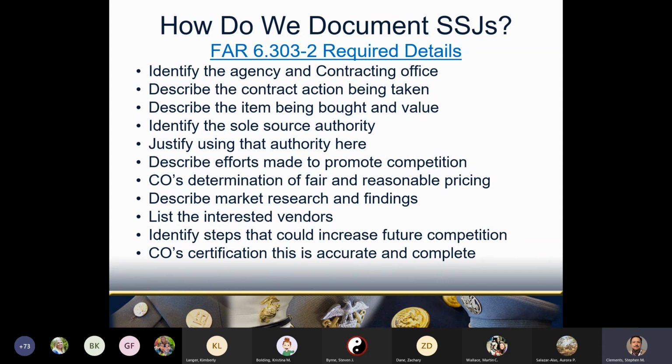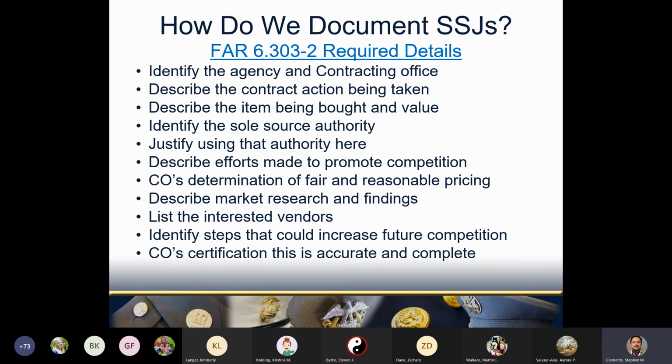Well, while you're not the CO, you can go ahead and pre-populate that on the form, explaining how you expect your CO is going to be able to do that. Did you give your CO a list of prices paid on other contracts for this very same thing? You put that to help bolster the case that yes, we've done our homework, and yes, we're going to be able to determine this to be fair and reasonable because we've got all these facts on our side.